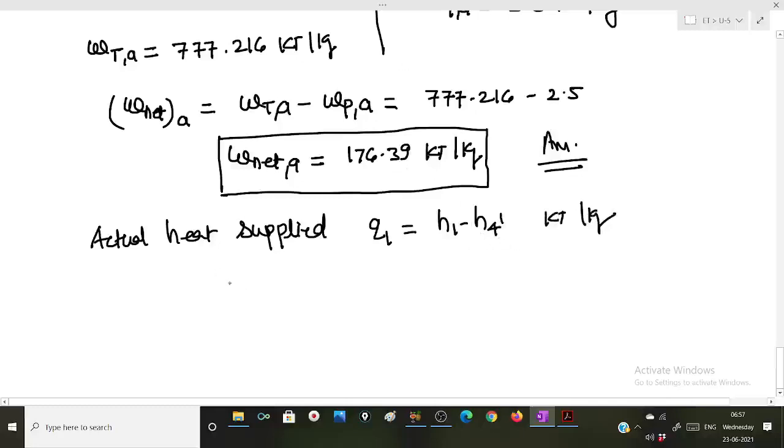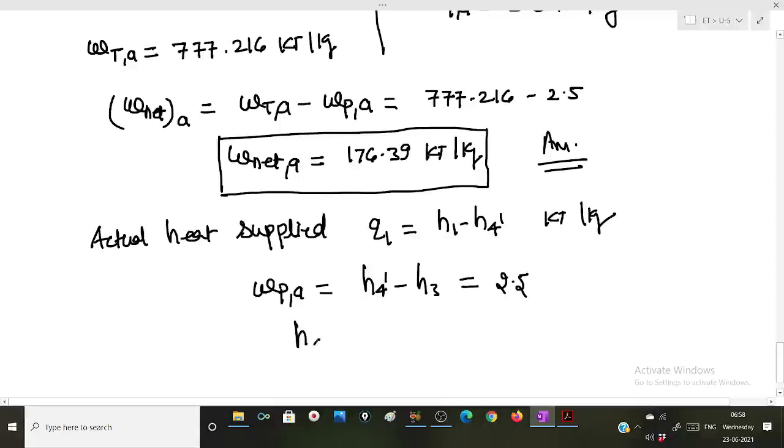So let us recall the pump work once again, which is nothing but H4 dash minus H3, and this value is equal to 2.5 kilojoule per kg.